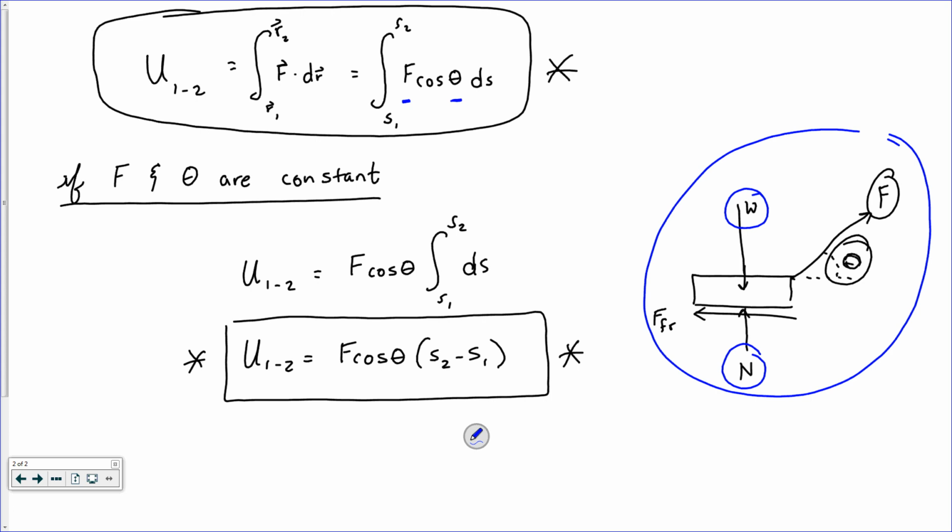So even though those forces are working on the object, they do no work over this process. They are perpendicular to the direction of movement, so they do no work. Cosine of 90 degrees is 0. So the work done by any force that's perpendicular to, or 90 degrees to, the direction that it's moving does no work. That's a really important concept.